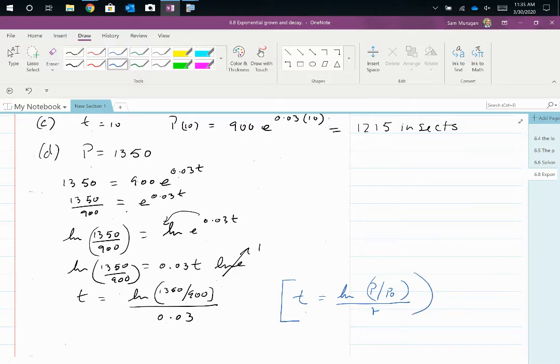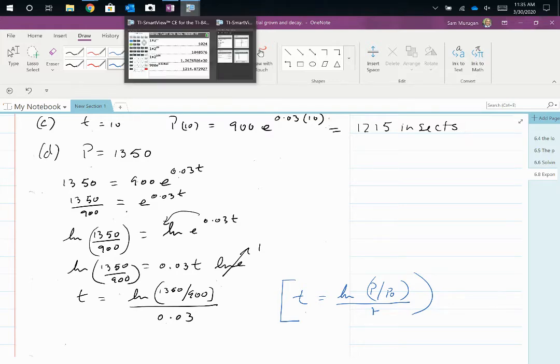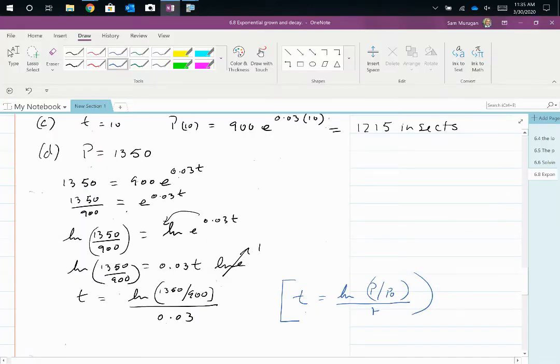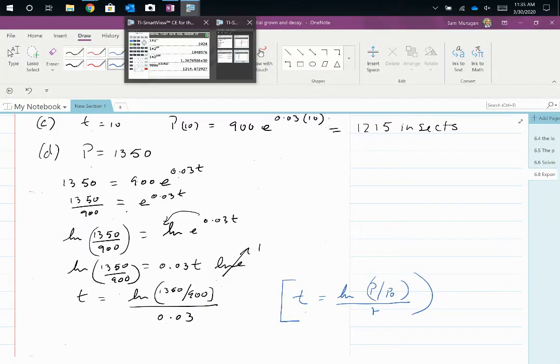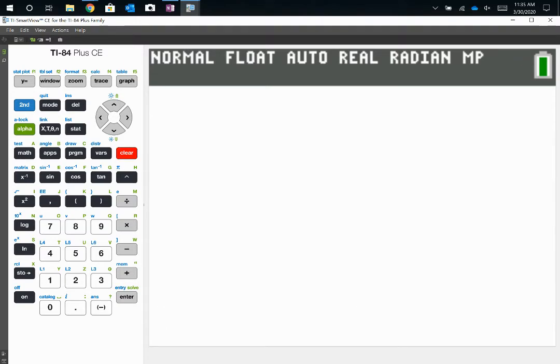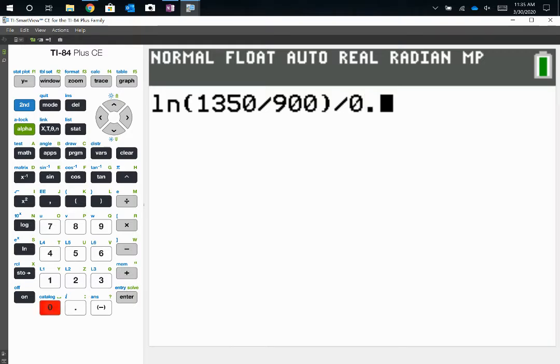Okay. Now that goes into a calculator, and they're asking for one decimal place, so we're going to clear this, put it into a calculator. ln of 1350 divided by 900, close parenthesis, and then divide by 0.03.